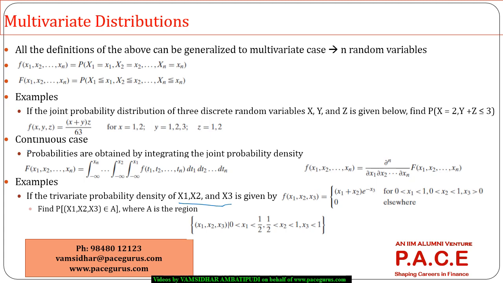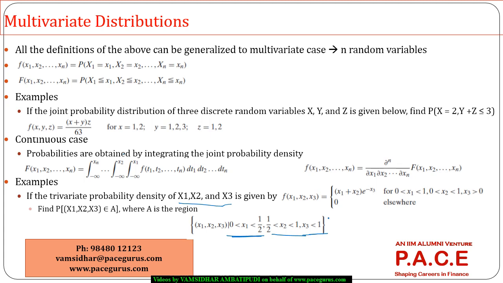So I want to find out the probability where x1 is lying between 0 and half, x2 is lying between half and 1, and x3 is less than 1.